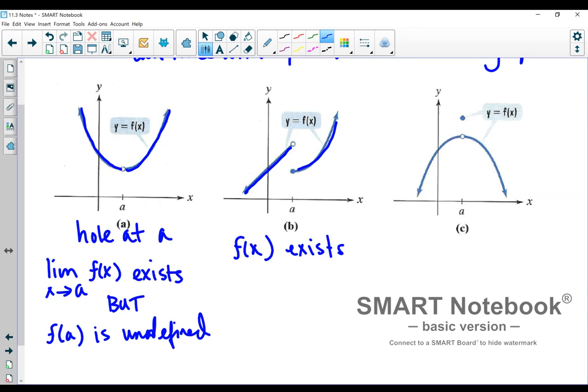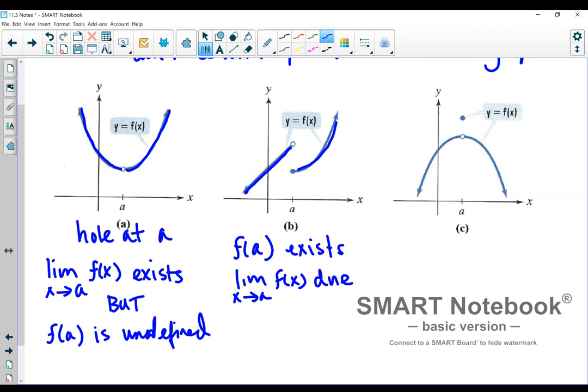So in this case, oh, and I'm supposed to be using f of a, right? Because we're pretending we're plugging in an a. So in this case, f of a is part of the domain, f of a exists, but the limit of f of x does not exist. So still not continuous.